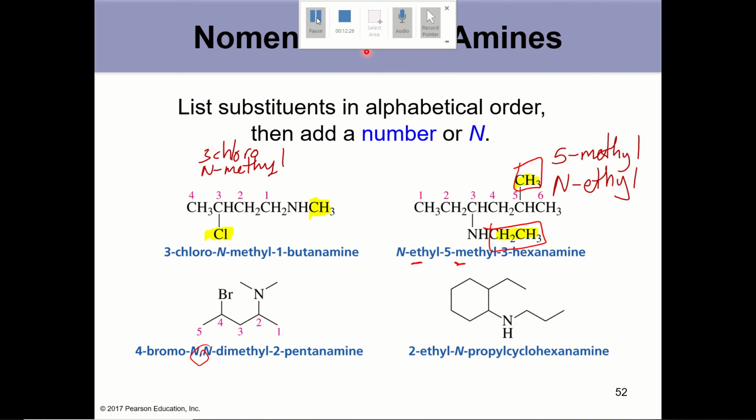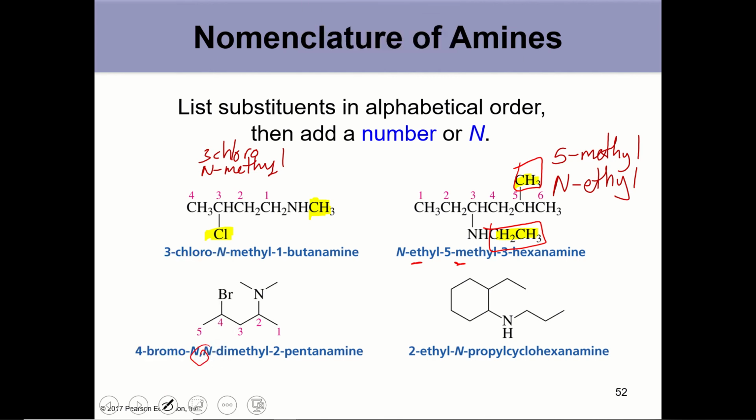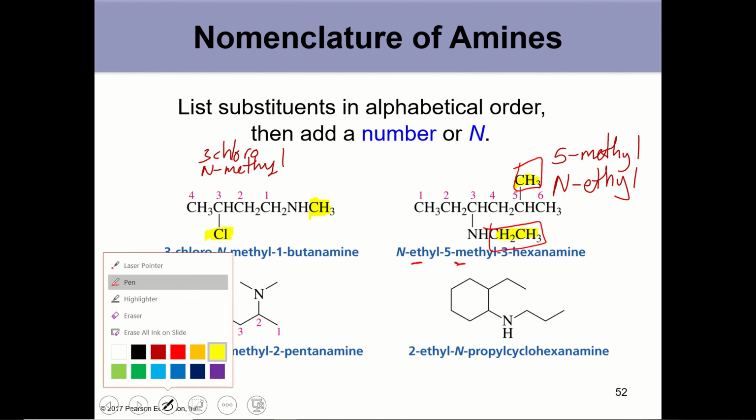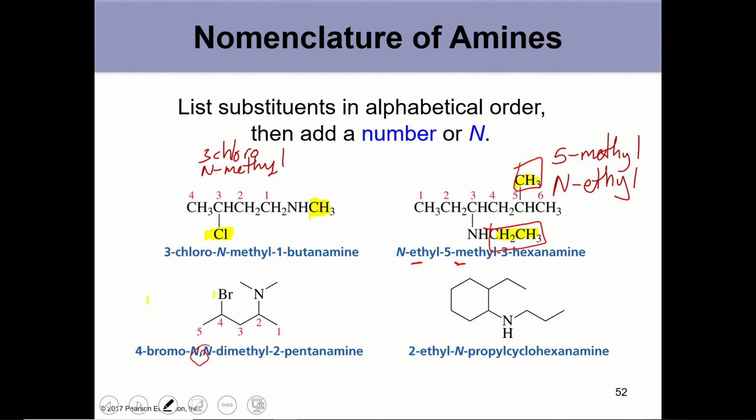At the bottom left, we have substituents bromo, methyl, methyl, on our longest chain connected to nitrogen that is 5 carbons.